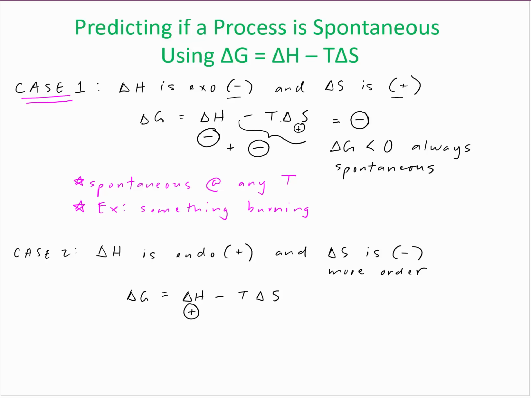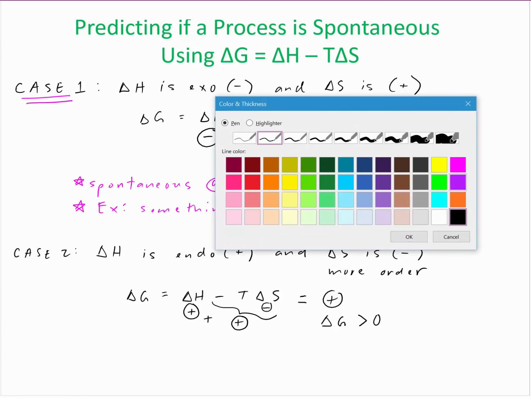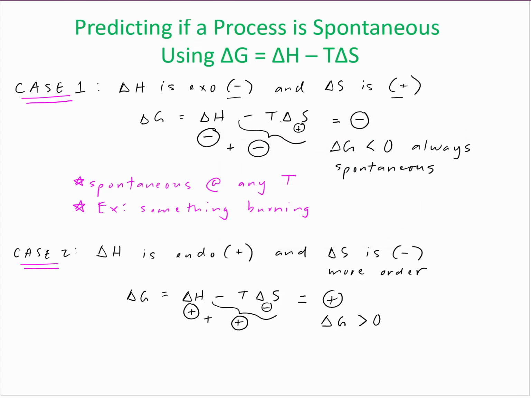It was endo and more order formed, so this term will be negative, making this whole term positive. So you'll have positive and positive, and delta G will always be positive. So delta G is always greater than 0, and the result for case 2 would be non-spontaneous at any temperature.